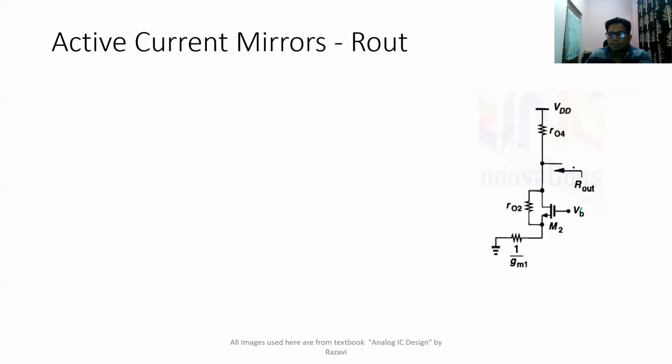So output resistance is simply the resistance when you see it from this side. If you recall, this circuit looks like a common source amplifier with a source degeneration resistor. So you have RS, you have V in, and this is your V out.